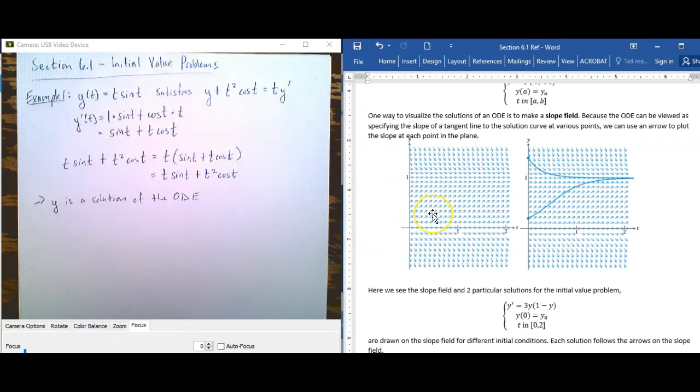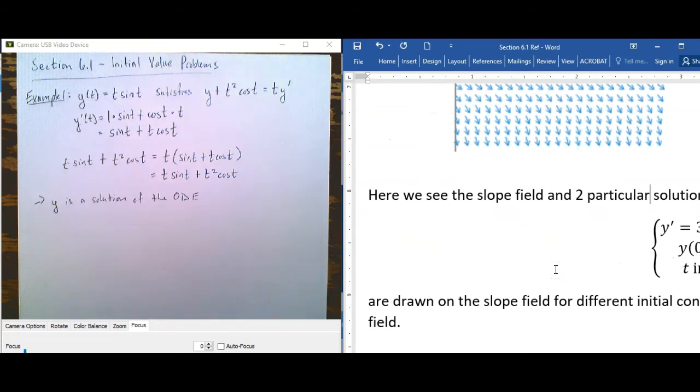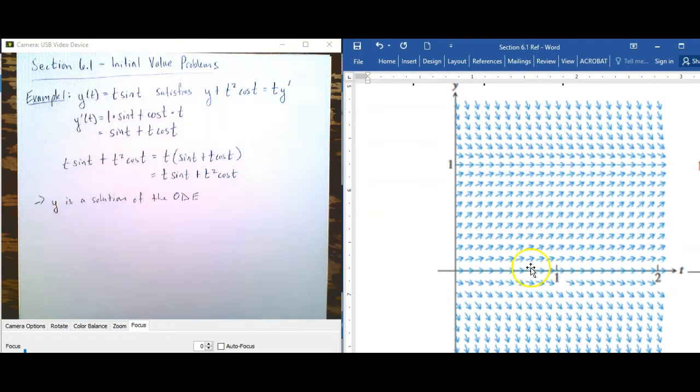If we zoom in a little bit, it looks like t is going from 0 to 2, and all of these little arrows are the slopes of the tangent line to the curve at various points within the ty plane.